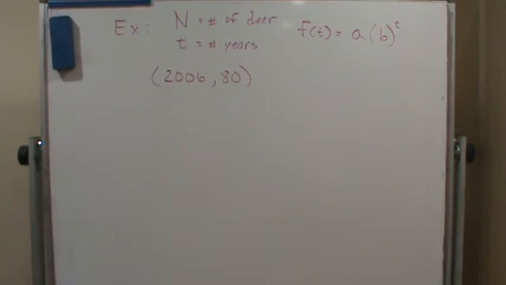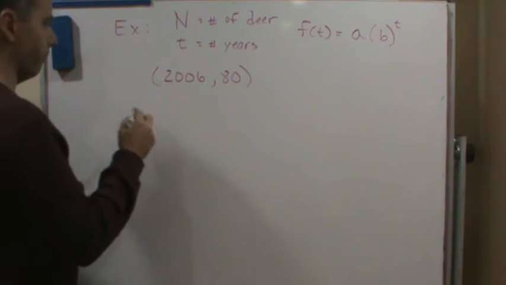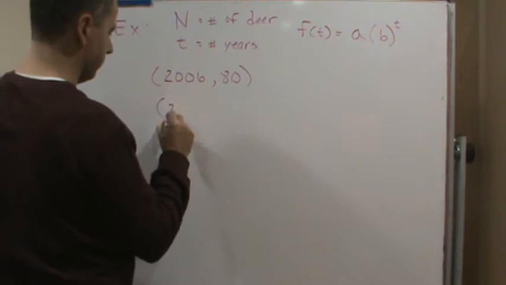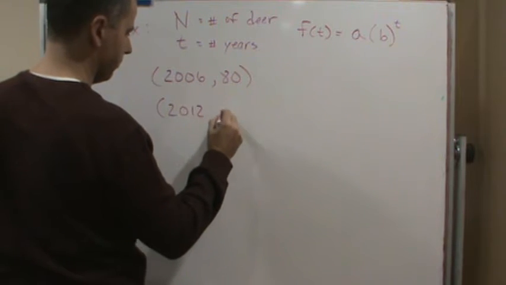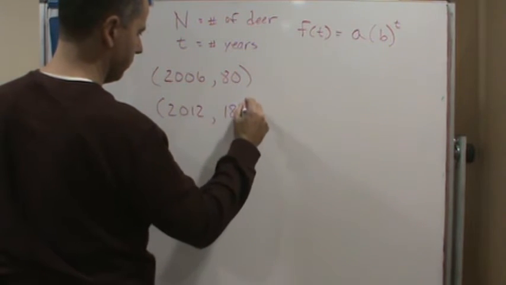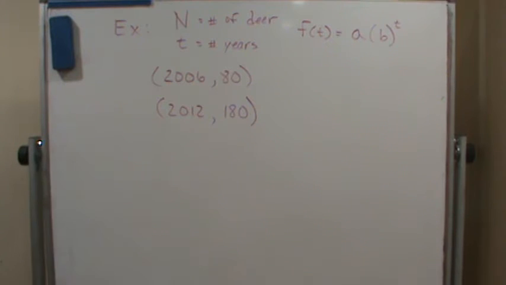So there's one data point. And then by 2012, it had grown to 180.